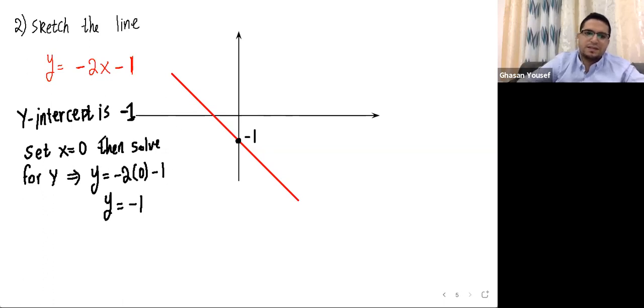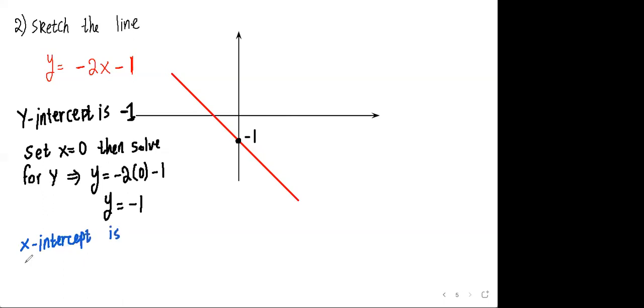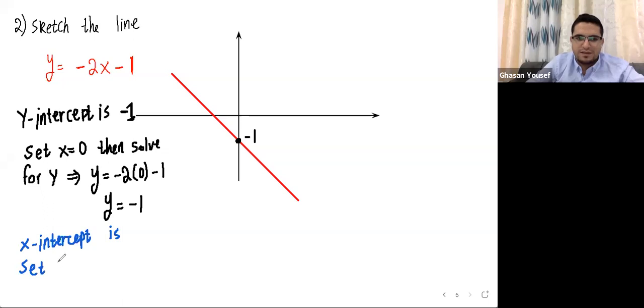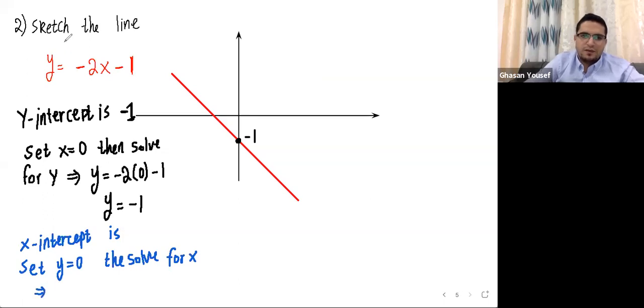Now, what is the x-intercept? Exactly. Set y equals 0, then solve for x. So I get 0 equals minus 2x minus 1.